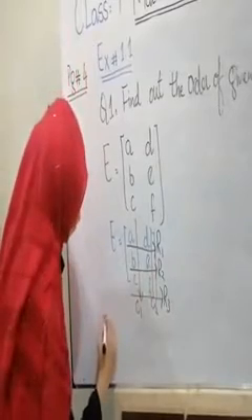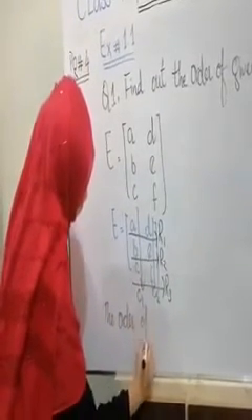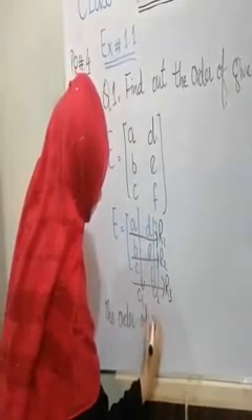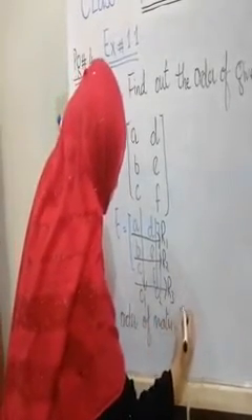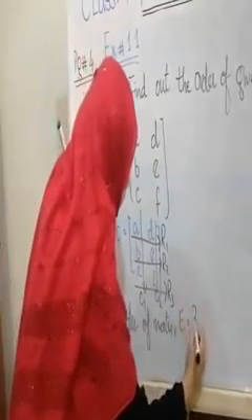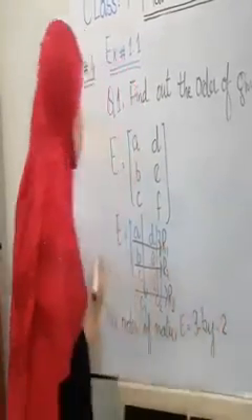So the order of matrix E is equal to 3 by 2, because the number of rows is 3 and the number of columns is 2.